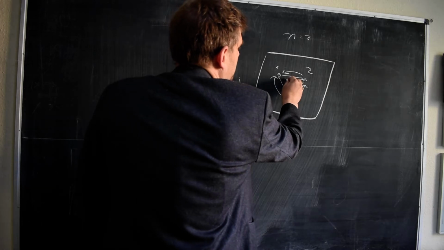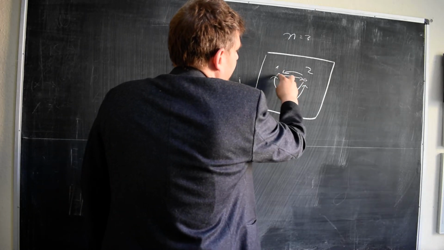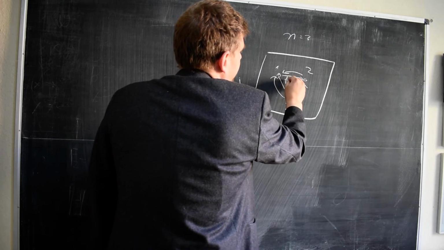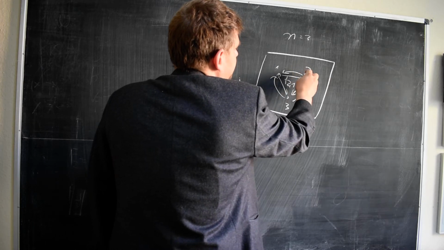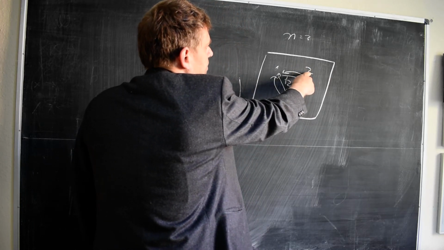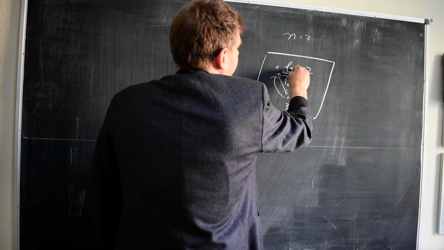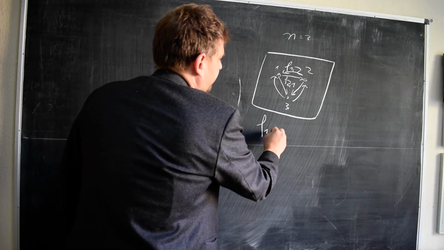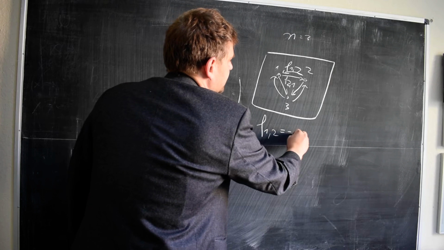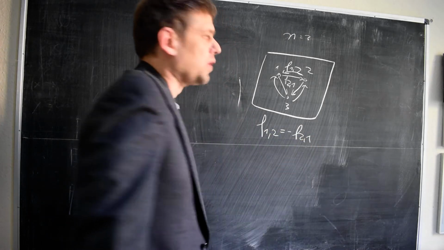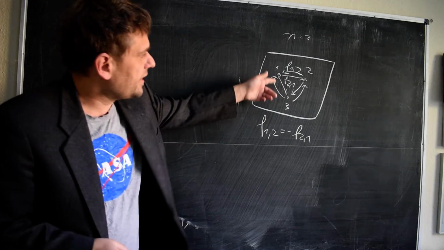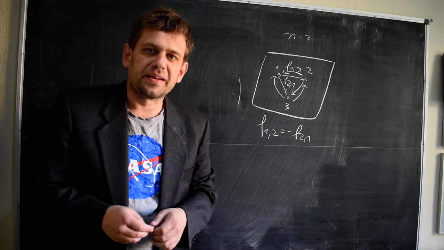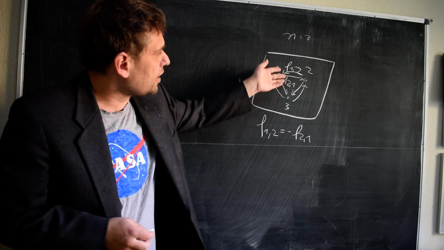So if we call this one here the force that particle 1 exerts on particle 2, F21, and this force from particle 2 to particle 1, F12, then we have the relationship that F12 is equal to minus F21. And we have a similar relationship for each pair of forces between every pair of particles.